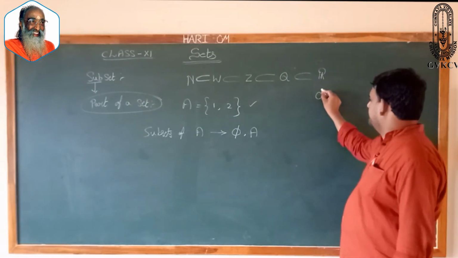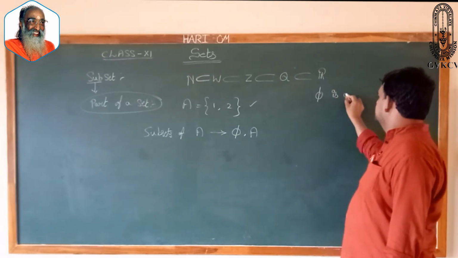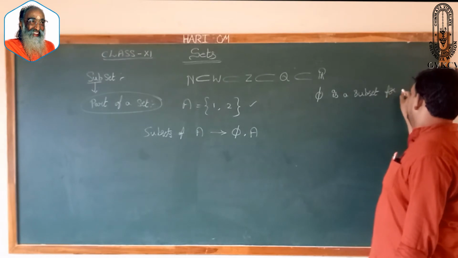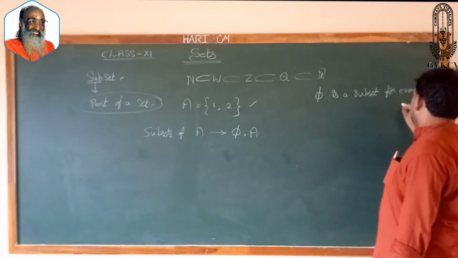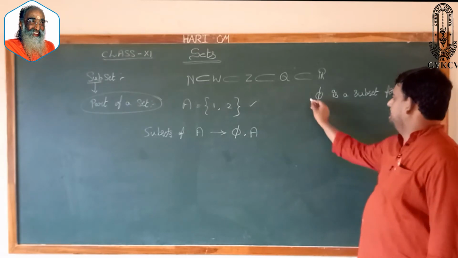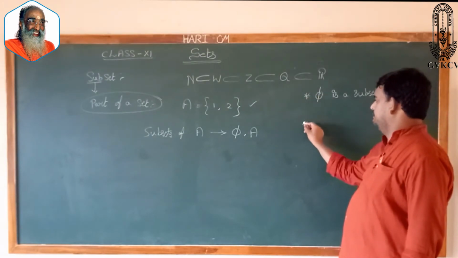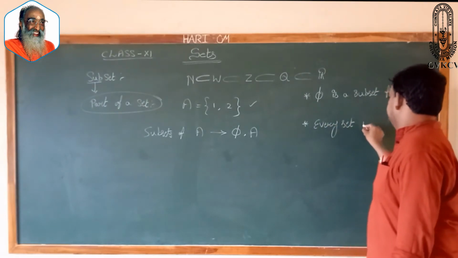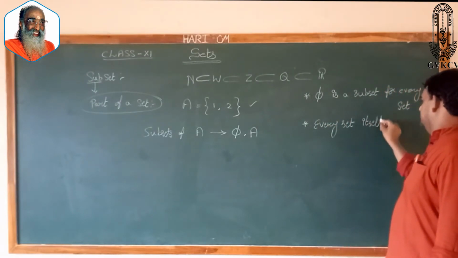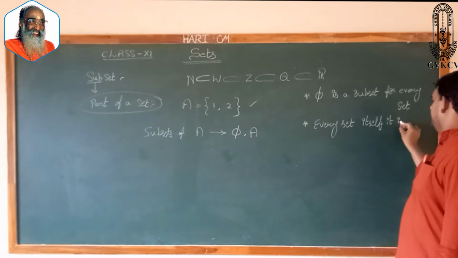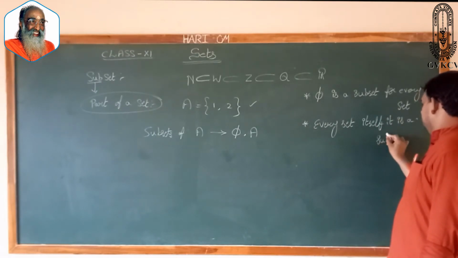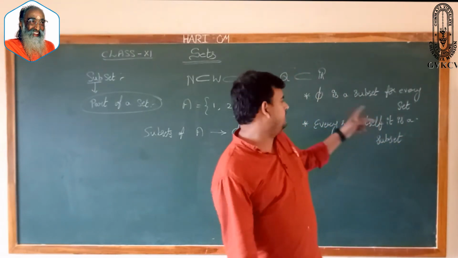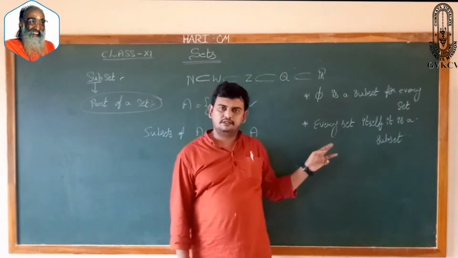The empty set (phi) is a subset for every set. This is one point we need to remember. The second point, every set itself is a subset. These two points we need to remember while writing subsets.